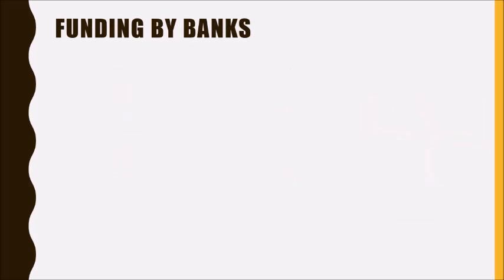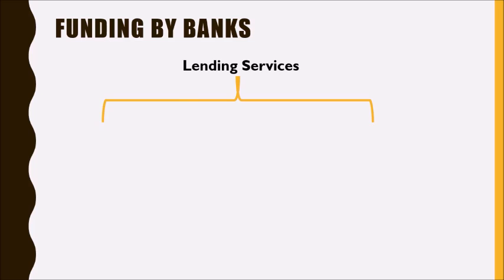The third channel available is funding by banks. Banks, apart from their routine banking services, also carry out lending services. They carry out lending in two forms: one fund based, the other non fund based.